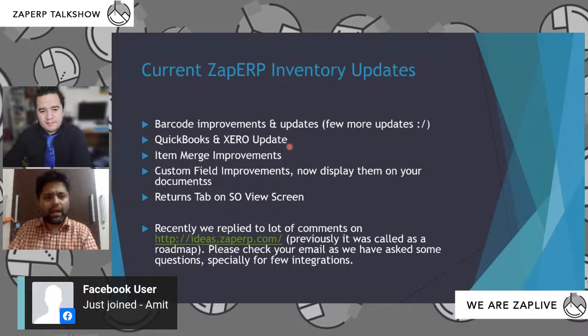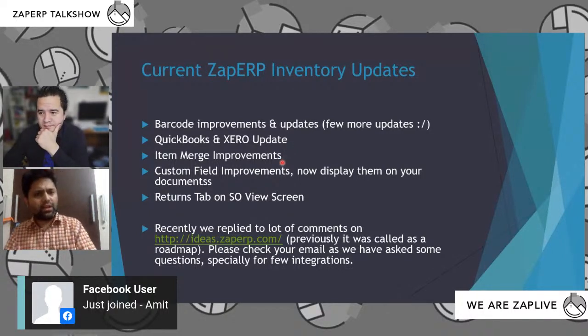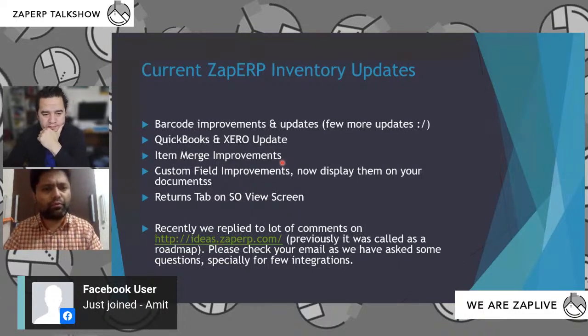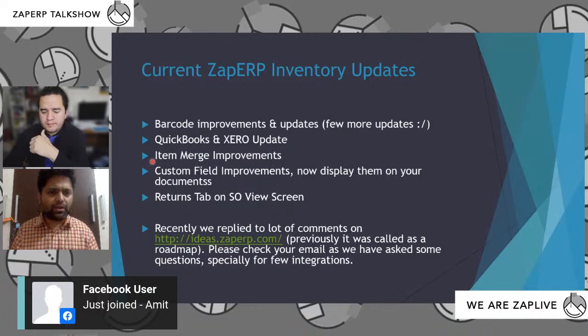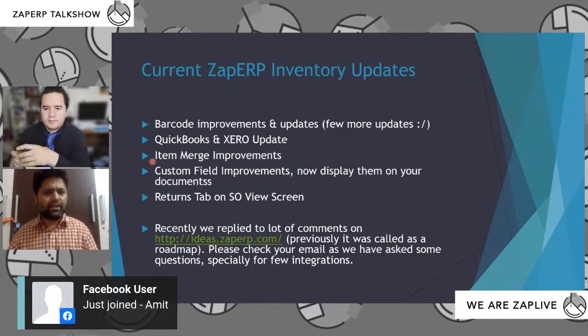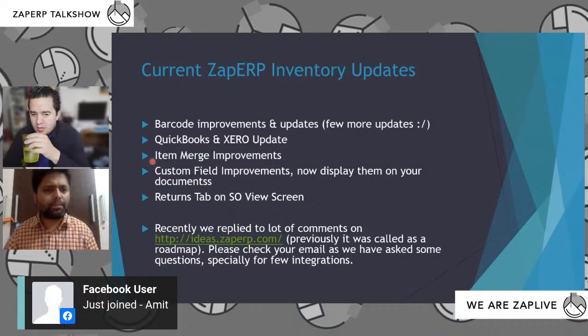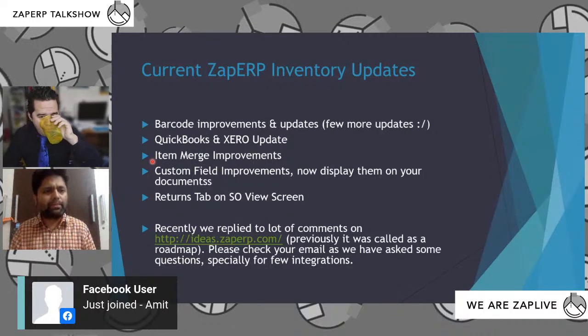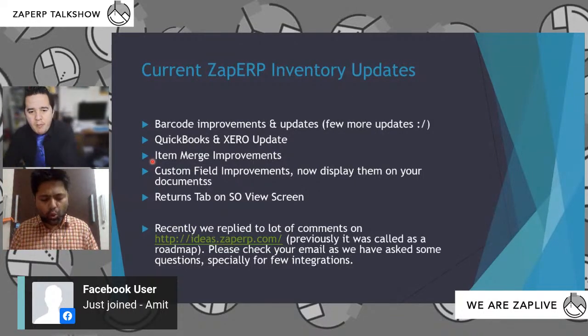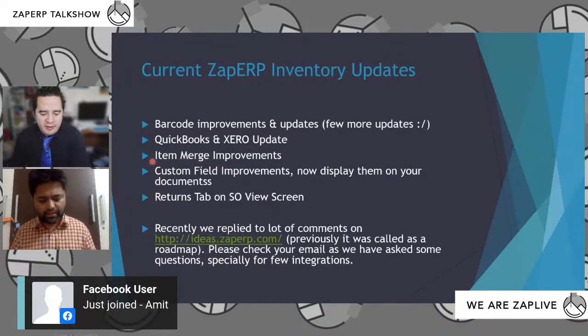Item merge improvement, I think this was released last week, but we have been constantly improving it. This week, we have merged that item merge improvement with another update that we prioritized, which is multiple Shopify stores. If you remember, last week we discussed the whole idea of ZapERP is keeping sync.